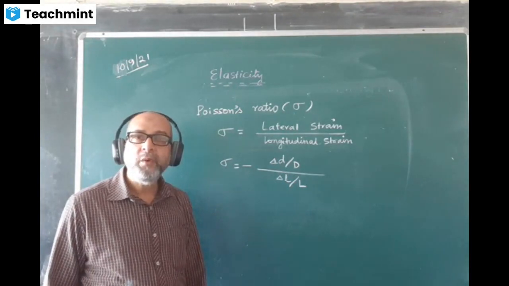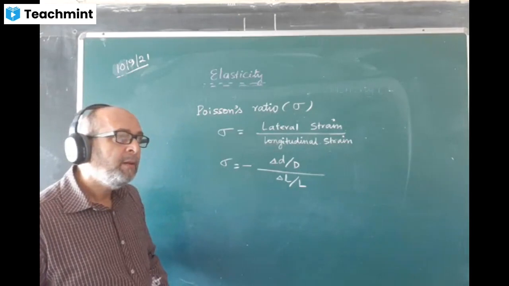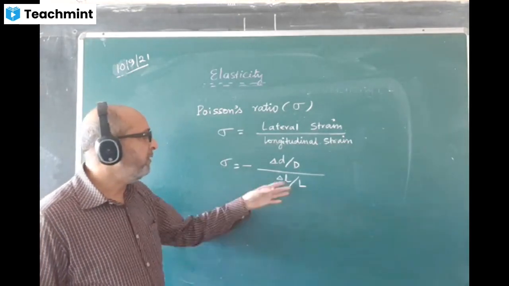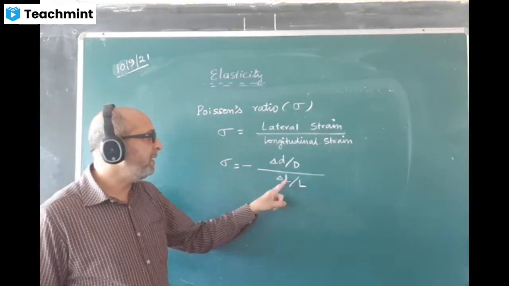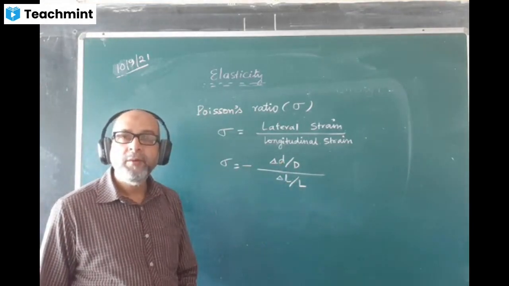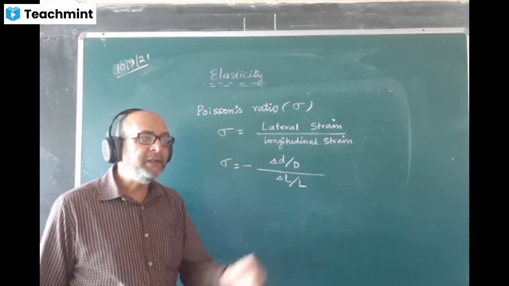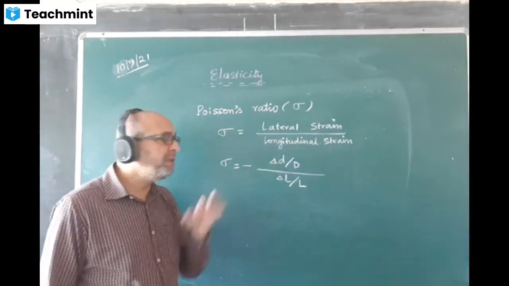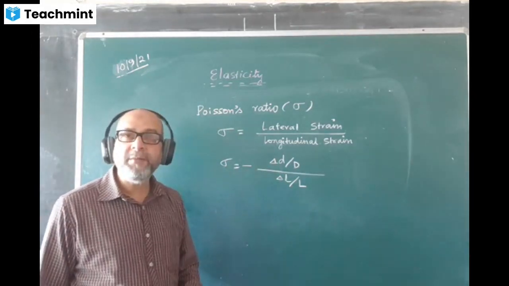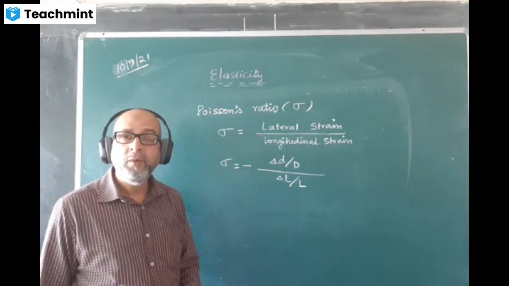Have you understood? When delta L is positive, then delta D will be negative, no? Yes, sir. Increase in the length will cause decrease in the diameter, so delta D will be negative. So the diameter is decreasing from original value.